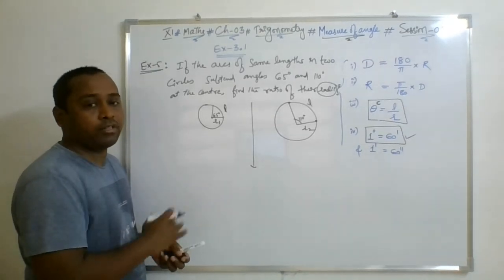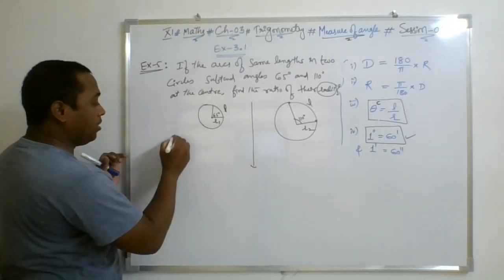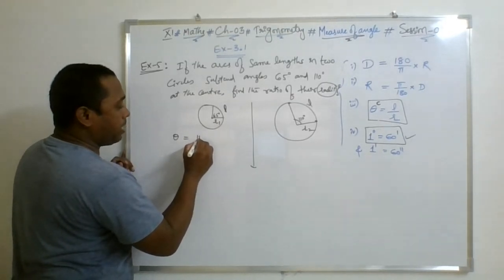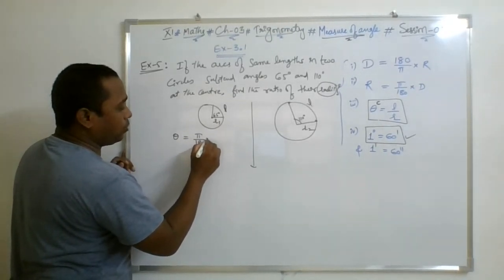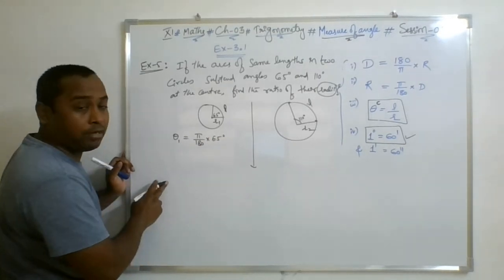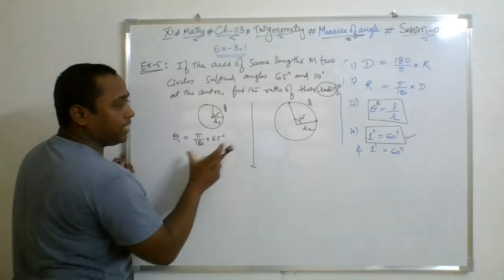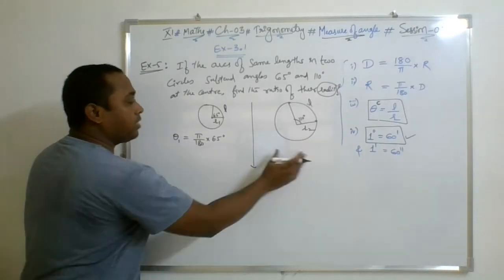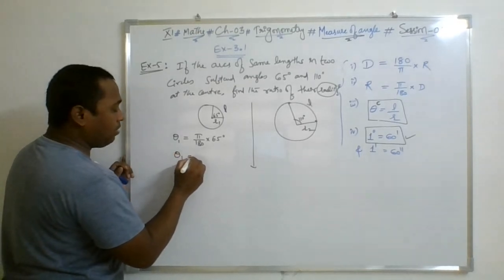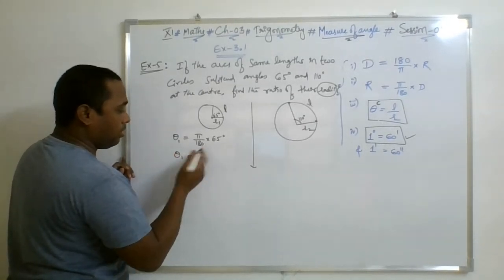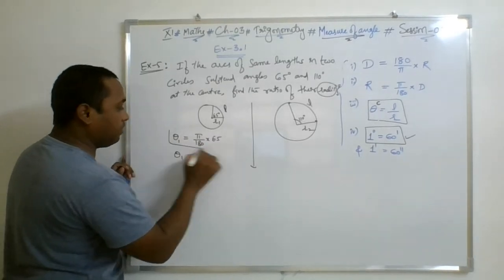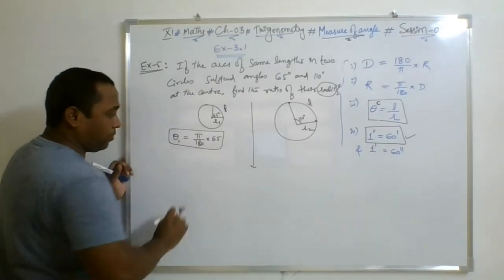First we need to convert them into radians. So theta 1 will be pi by 180 into 65 degree. I am writing theta 1 because we have two different cases, theta 1 and theta 2, in radian measure. If I want to simplify I can, otherwise I can simply leave this as the theta 1 value.